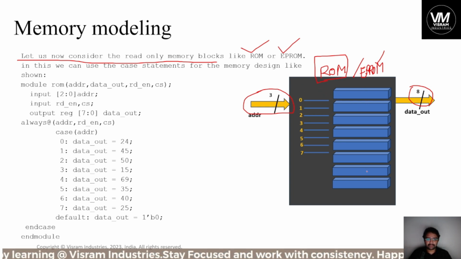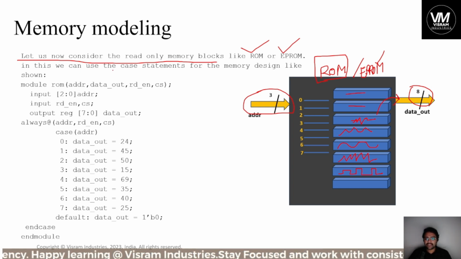Whatever memory you have holds some piece of information, for example some has a sine wave, some has a sawtooth waveform, some have square waveforms of data. All these data available in the read-only memory can be taken into data out.